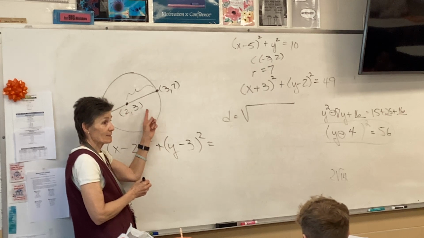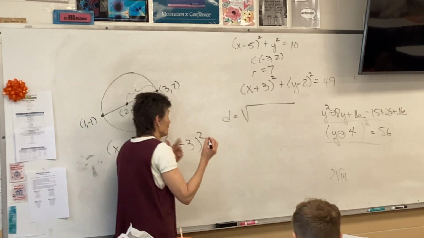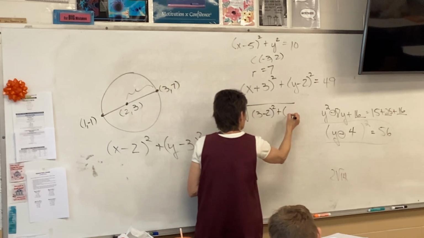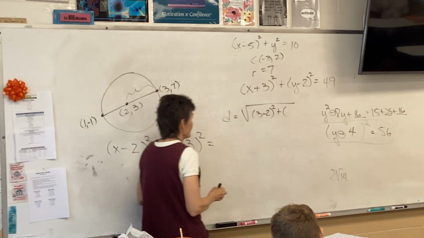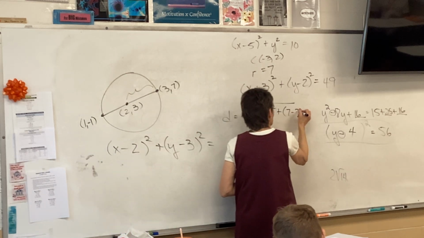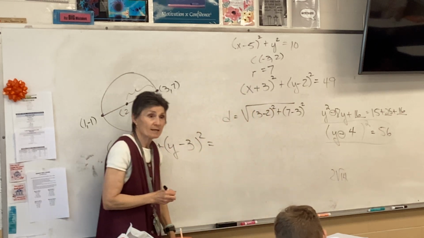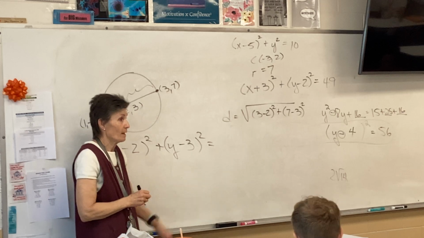We subtract our x's, so we take x minus x, and it doesn't matter what order we do. I'm gonna do 3 minus 2. And we square it. And then we subtract our y's, so I'll do 7 minus 3 and square it. So it's x minus x squared plus y minus y squared.